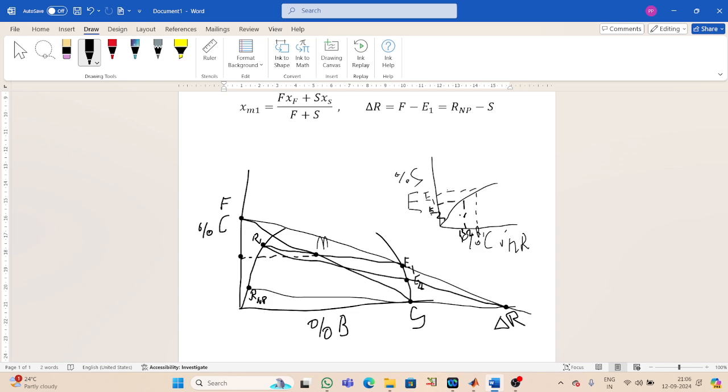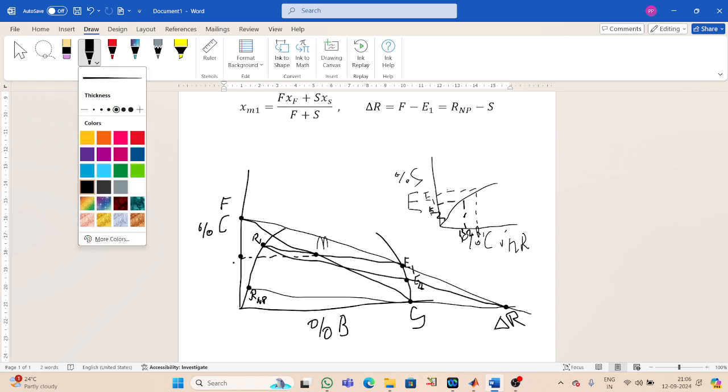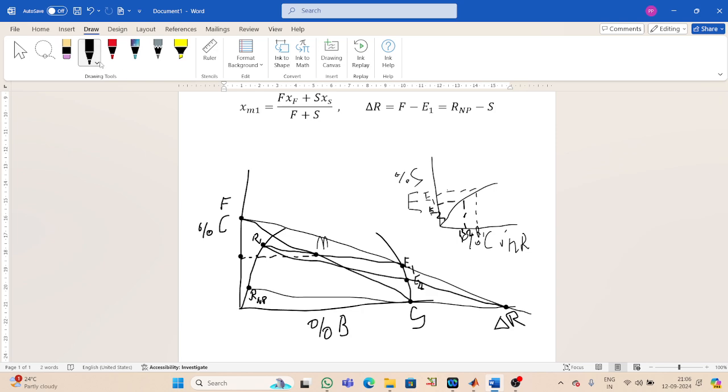Sorry, it doesn't look neat, but hope you'll understand. We will plot E2 here on the y-axis and hence we'll get R2 here on the x-axis. And that R2 will be marked somewhere here.